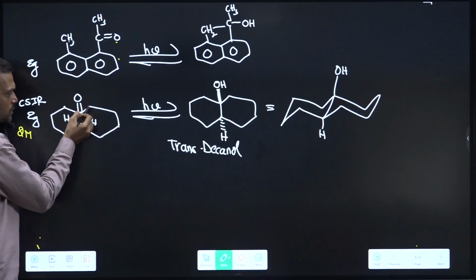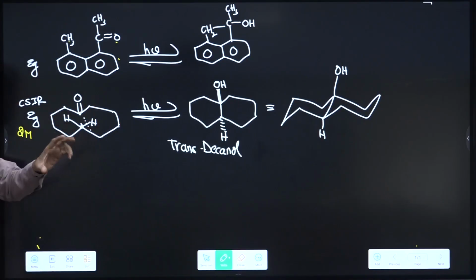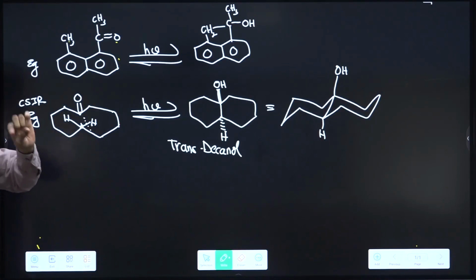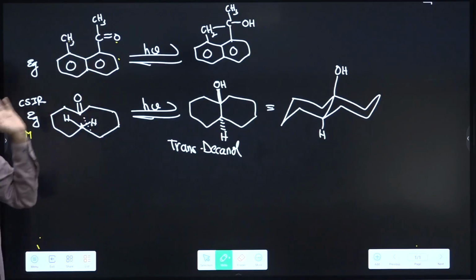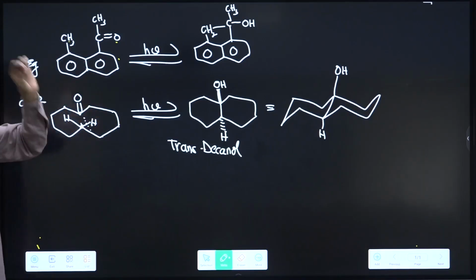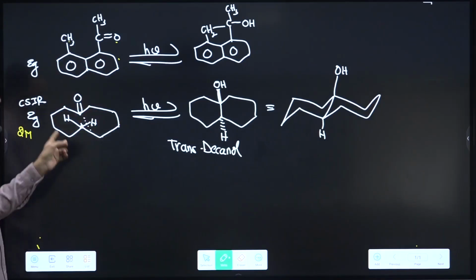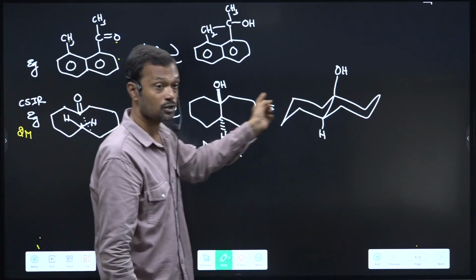Suppose the carbonyl group is present here, 1, 2, 3, 4, 5, 6, this one will donate here. They will arrange the skeleton in such a way that the stable arrangement is responsible for transferring the hydrogen followed by CC coupling. If the carbonyl is given anywhere, your answer is the same. Clear? In this molecule, even interconversions are given.